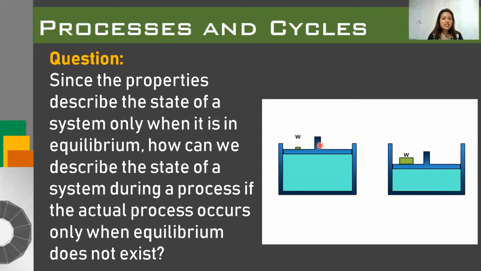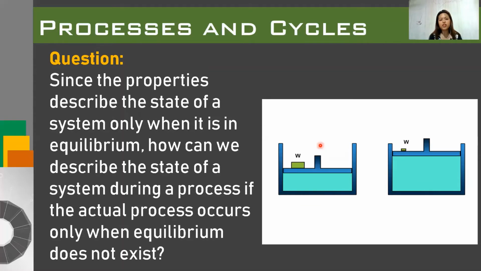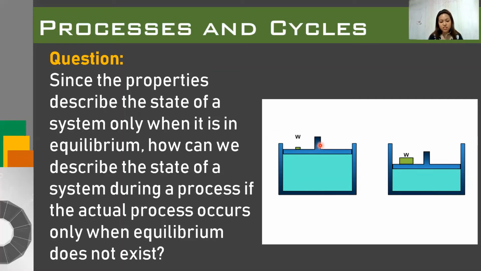If the weights on the piston are small and are taken off one by one, not abruptly but slowly, one at a time, then that could be considered a quasi-equilibrium process. However, if the weights on the piston are removed at once, the piston rises abruptly, or rapidly, until it hits the stop.